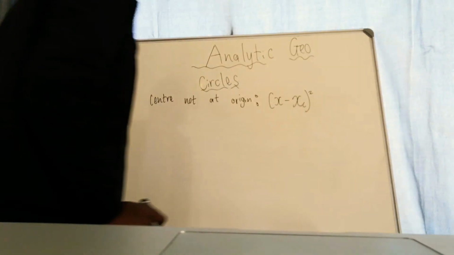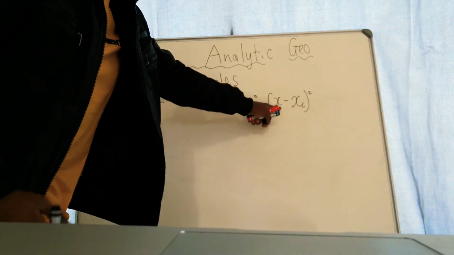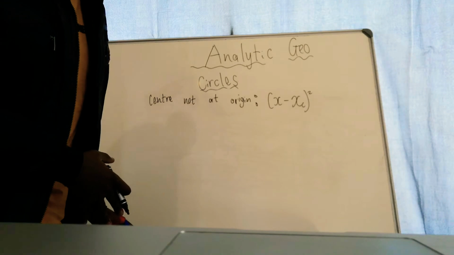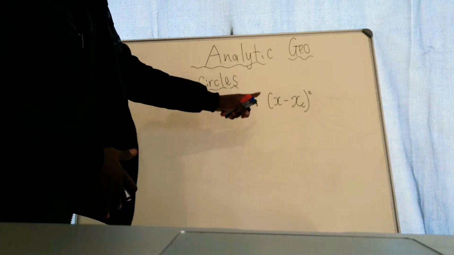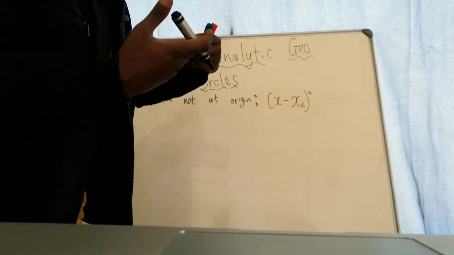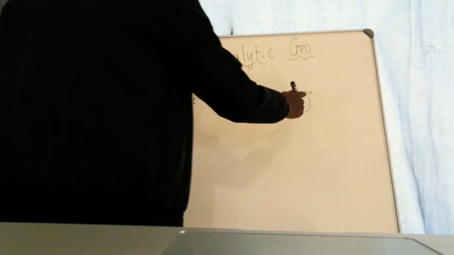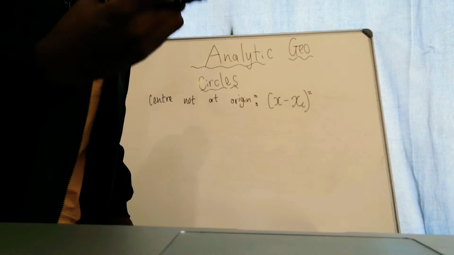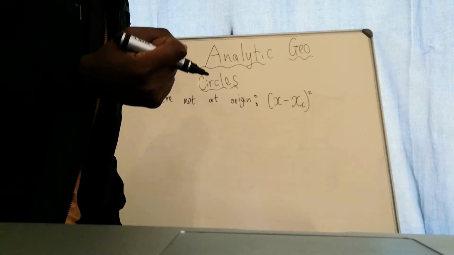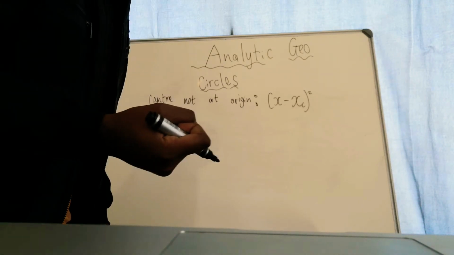How does the formula look? You have an x minus the x of the center. So that's the same coordinate x we were speaking about in the previous question, right? That's any x coordinate that is on your circle. But this x coordinate speaks about the x coordinate of the center.